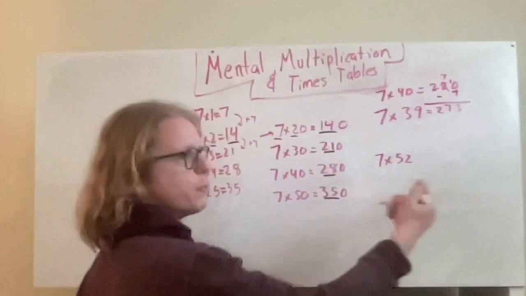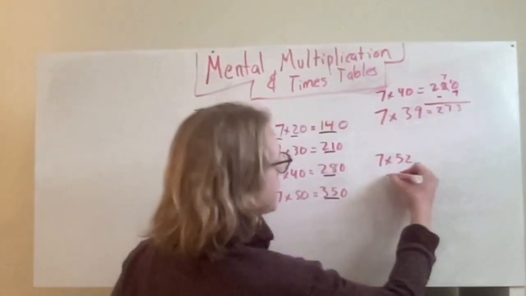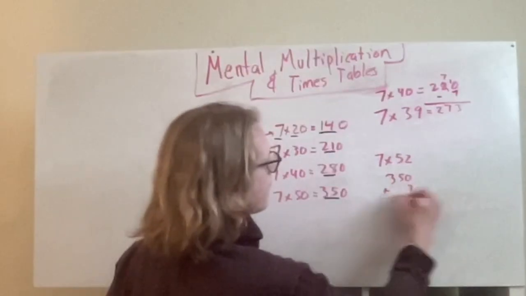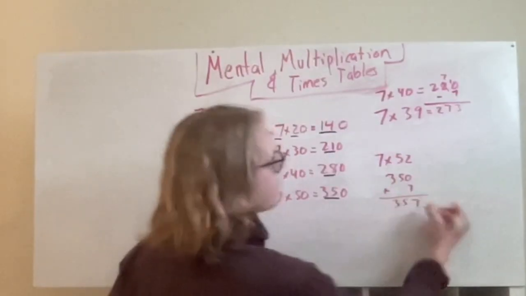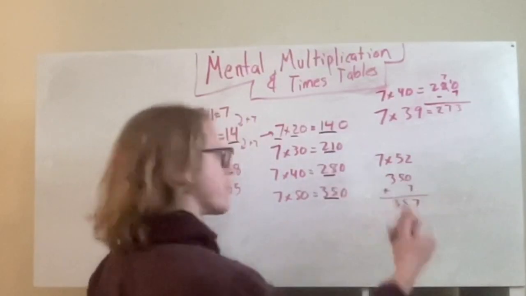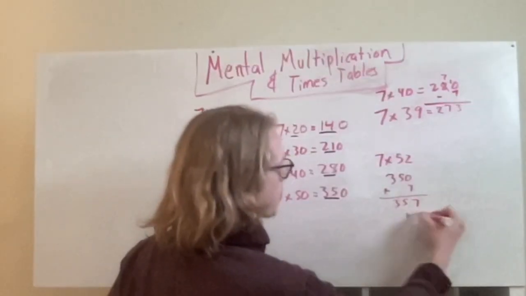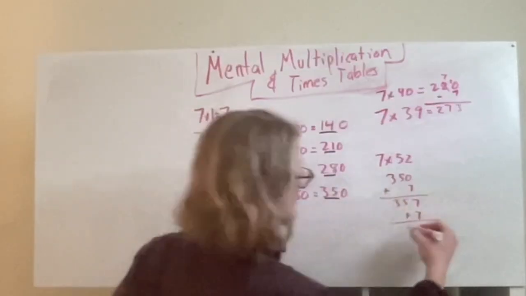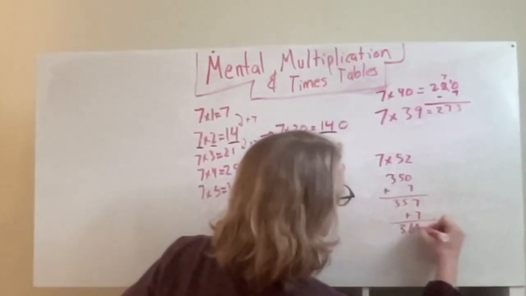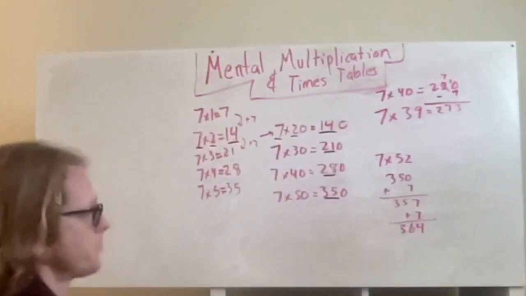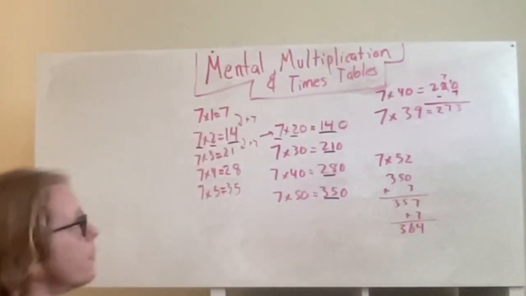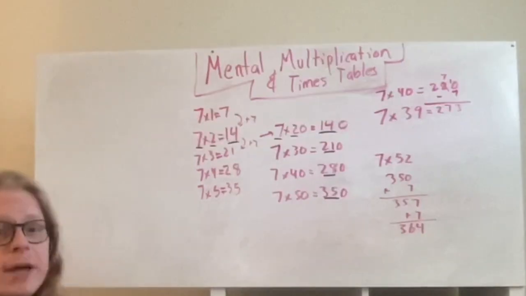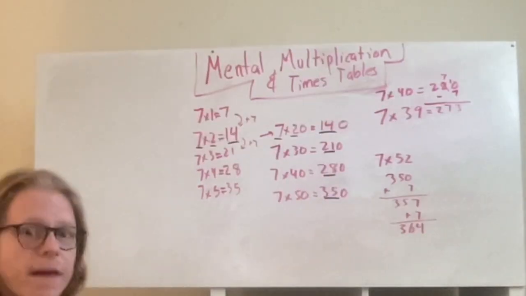Just 2 more 7s. So I could take 350 plus 7 is 357. Right, again, I'm sort of just showing what I could do in my head. And then plus another 7 gets me to 364.